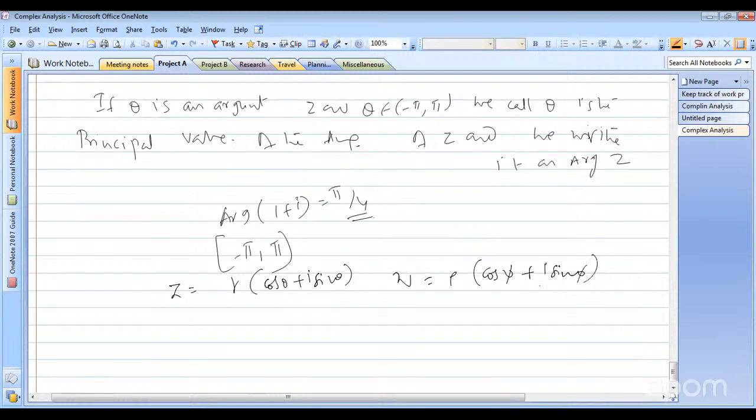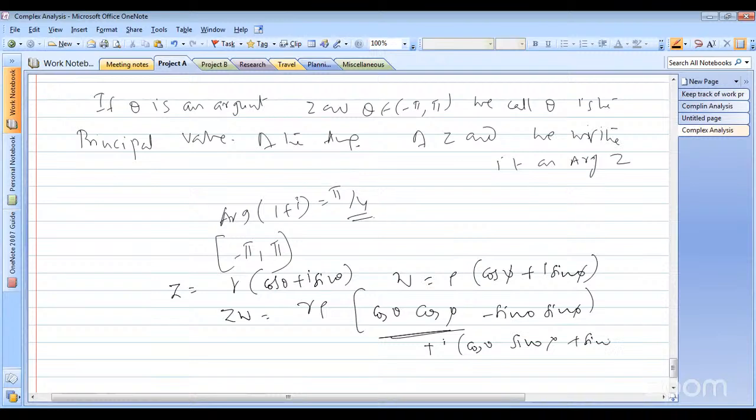Then zw is equal to r rho times cos theta cos phi minus sin theta sin phi, plus i times cos theta sin phi plus sin theta cos phi.